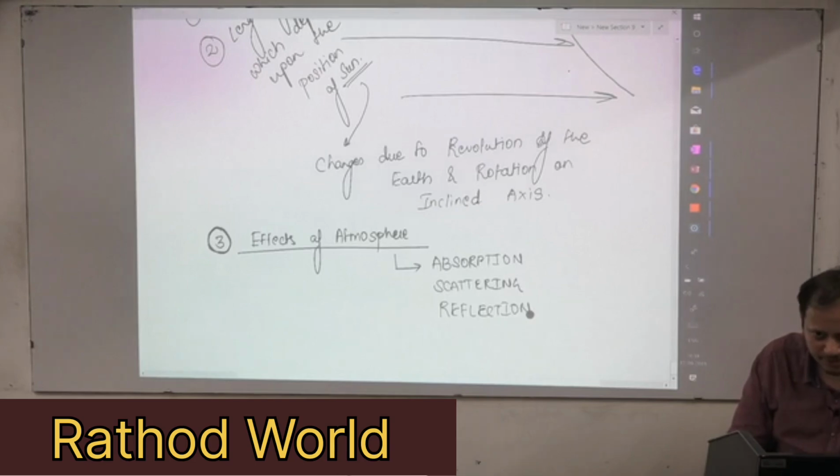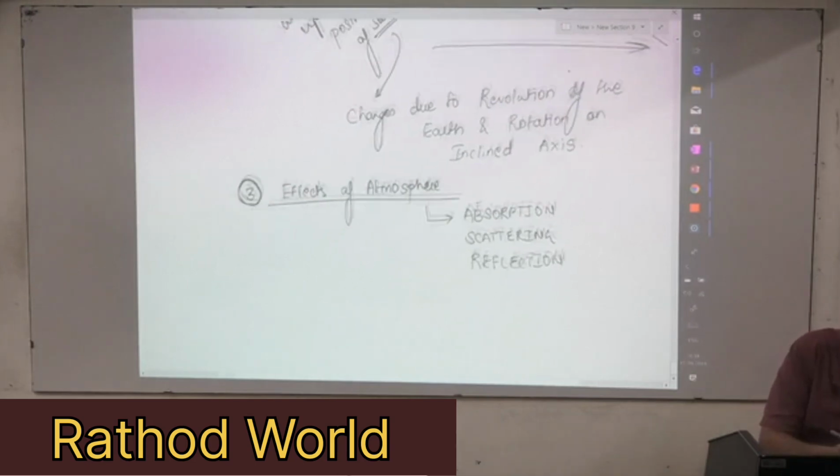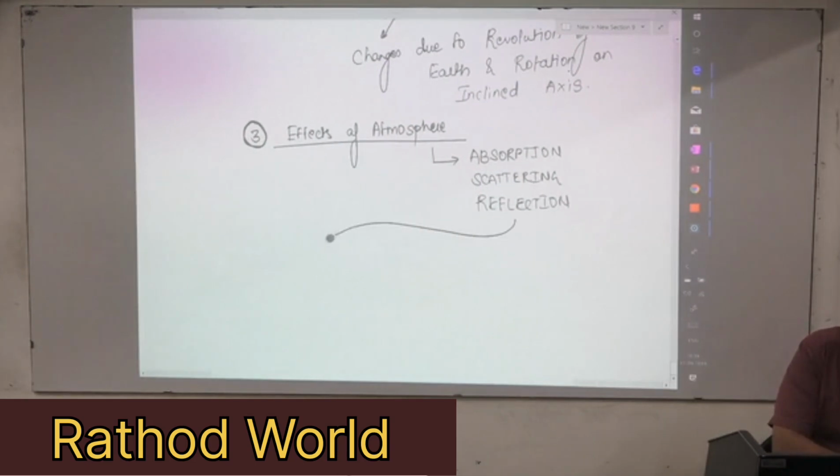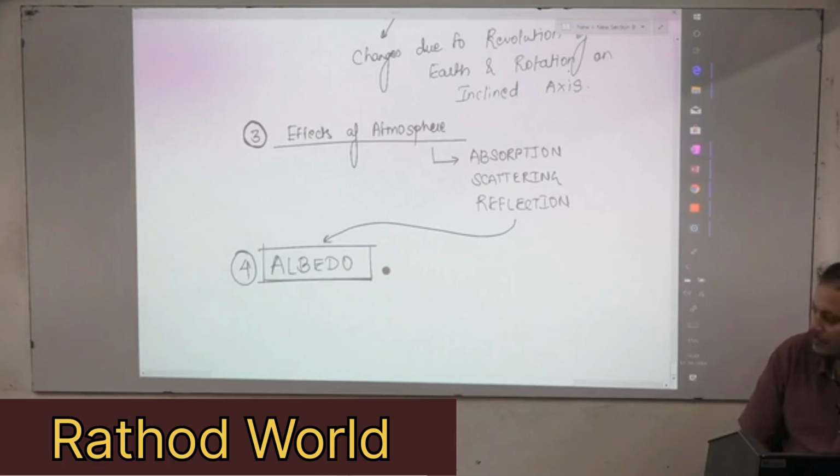Are you able to relate? And the last is, इसी reflection को we will study separately, and this is what is known as albedo. The reflective property of any substance. I am not making you write anything, just try to understand.